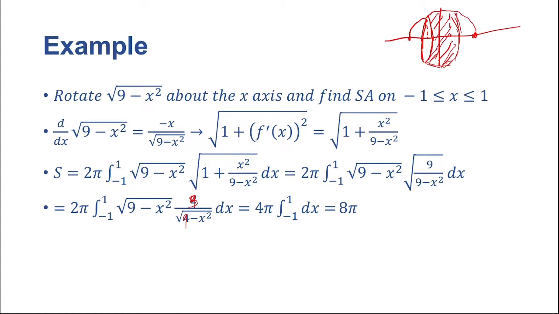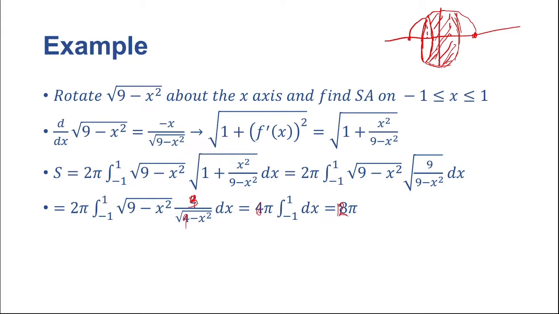All right, so now what we can do is simplify things. These are going to cross out, right? And now we've got that 3, so we've got 6 pi, because we're multiplying that 3 out. And then we're just left with the integral over dx. So we've got 6 pi times -1 to 1, so 2, so then we get 12 pi.